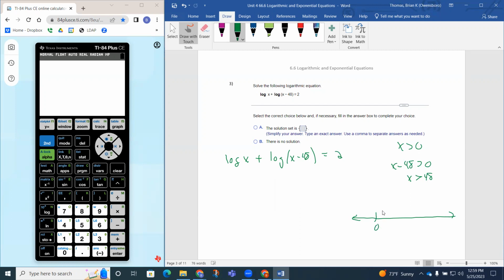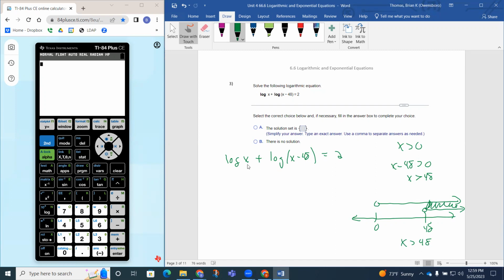So you got to be greater than 0, and you got to be greater than 48. To be greater than 0 and greater than 48, you actually have to be greater than 48. So our domain restriction then is x has got to be greater than 48. So if we don't get a number greater than 48, then we will have a null solution.